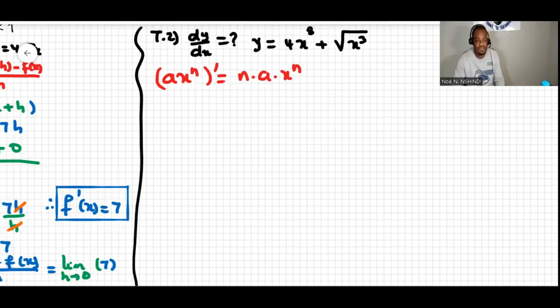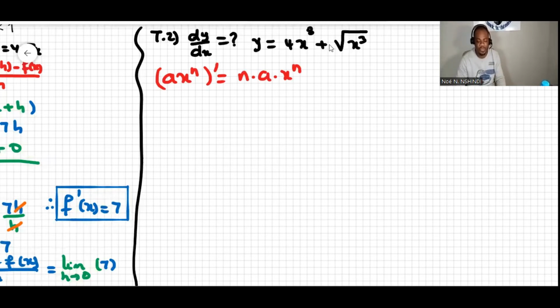Before doing this, sometimes questions like that are difficult to differentiate the way they are given. We need to transform the functions following some law of exponents.